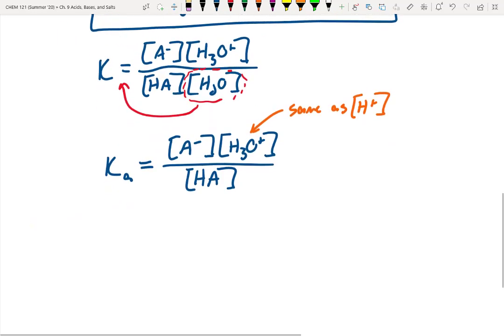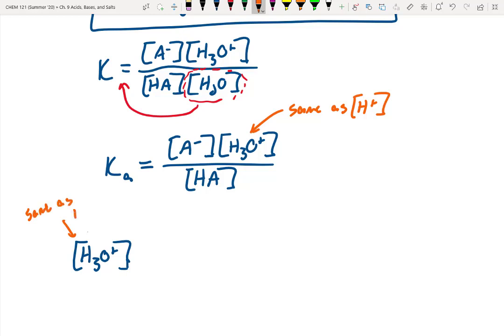Okay, so now we've got a little bit of review under our belt, but now let's try to calculate the amount of H3O plus, which is really just the same as H plus, and can be found by manipulating this whole equation up above.